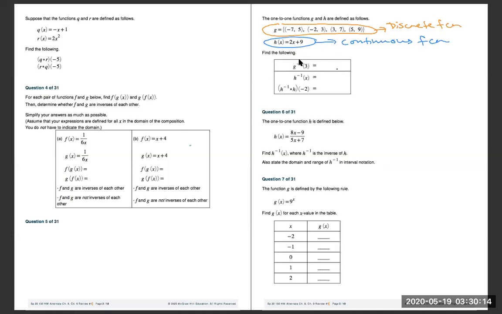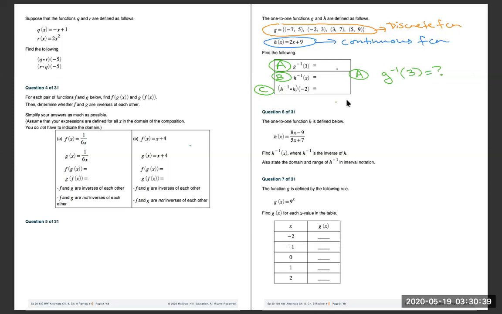We want to find the following. So it's a little bit different for a discrete versus continuous function. Let's call this part A, B, and C. For part A, we're looking for G inverse of 3.